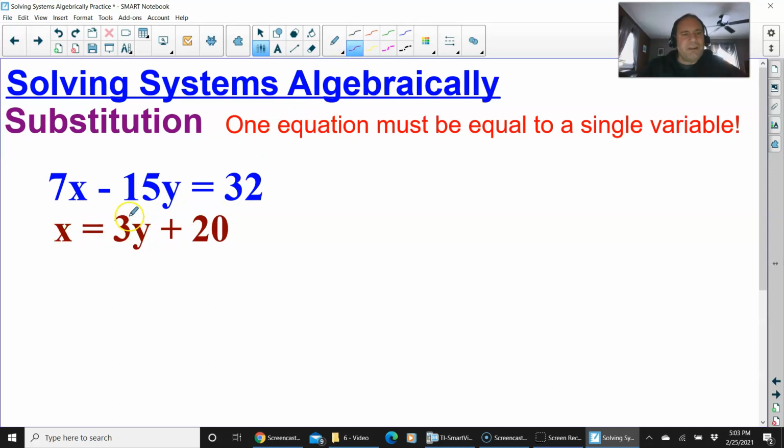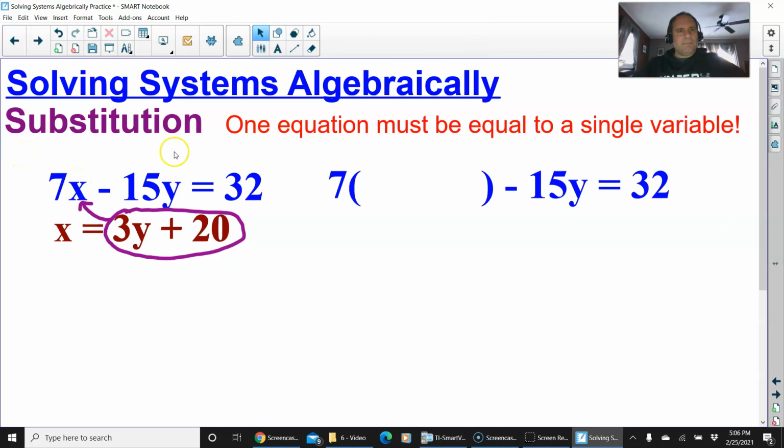Since this 3y plus 20 equals x, and I'm going to circle it, I'm going to go ahead and substitute that 3y plus 20 right in for x. So I already set up this equation right here. You see this 7x minus 15y equals 32. 3y plus 20 is x.